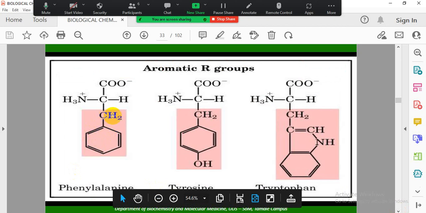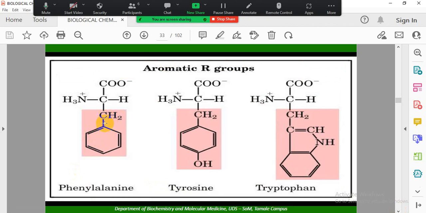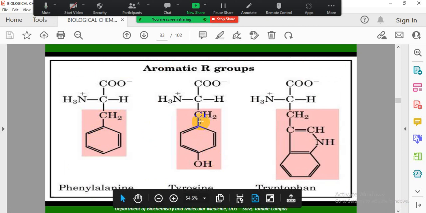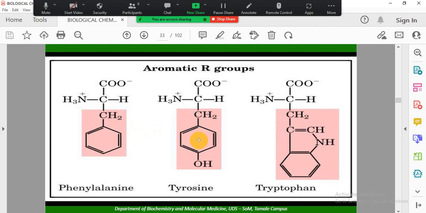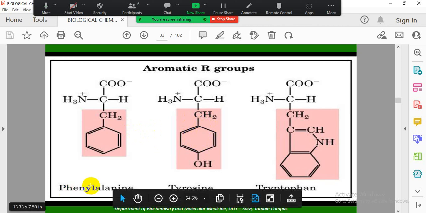So the CH3, one of the H will leave, so that the phenyl group will come and bond with the CH2. Then tyrosine is what? Also from alanine, CH2 and aromatic ring. So this is phenylalanine. When we add OH group to it, it becomes tyrosine.